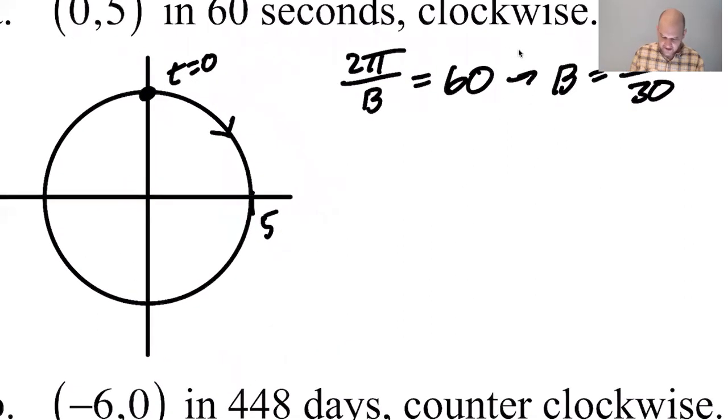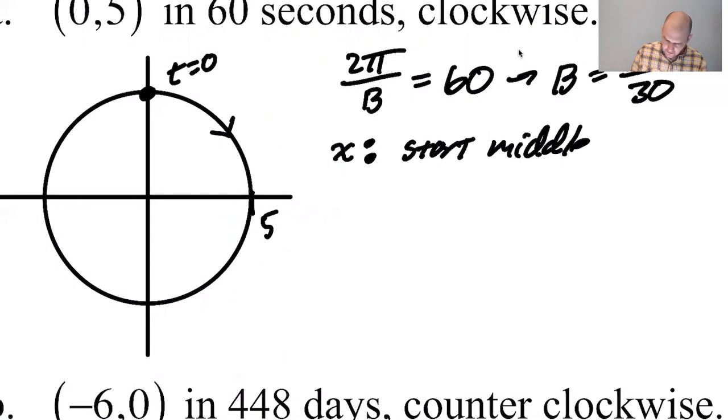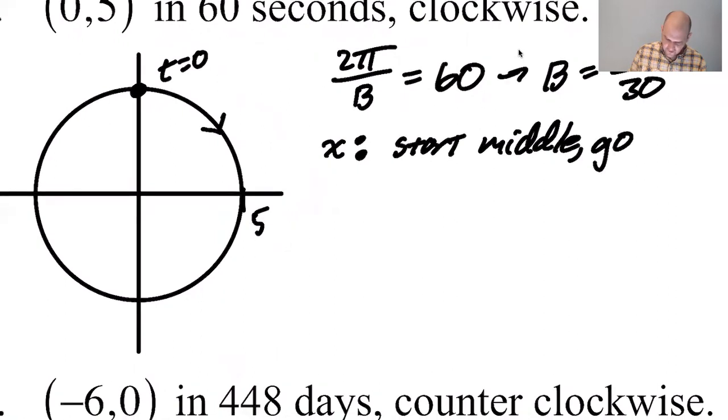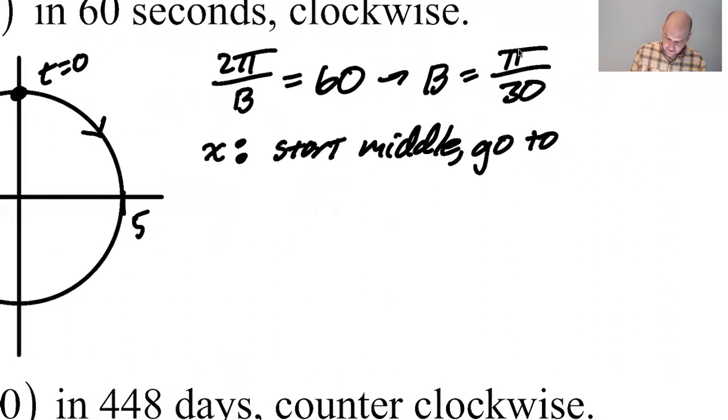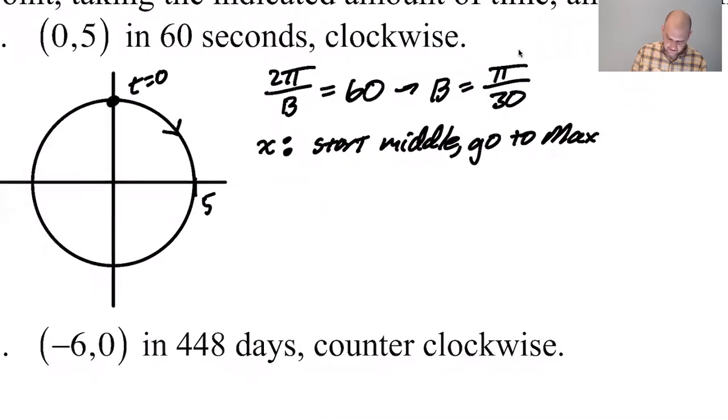So this is one way to do it. You think about x. It's going to start in the middle and go toward a maximum. So that's got to be sine. Therefore, sine. What's y doing?